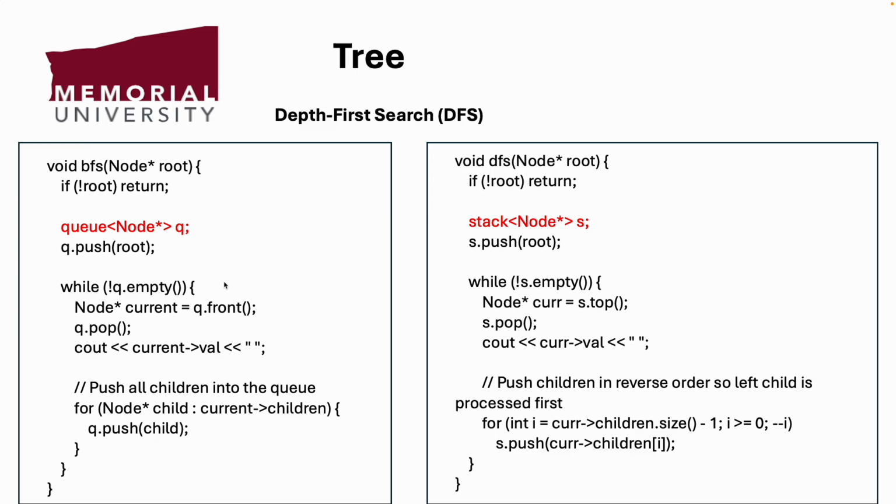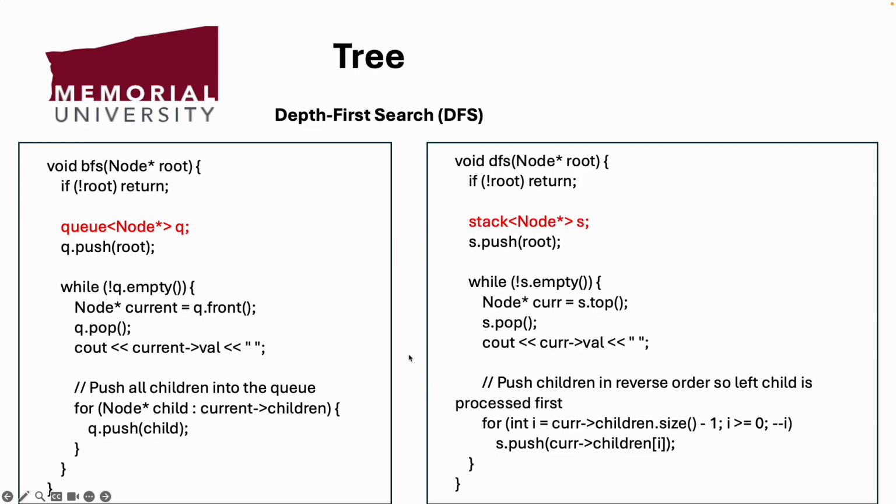Now let's compare these two search strategies, breadth first search and depth first search. As we can see, the difference is literally just that one uses a queue and one uses a stack.